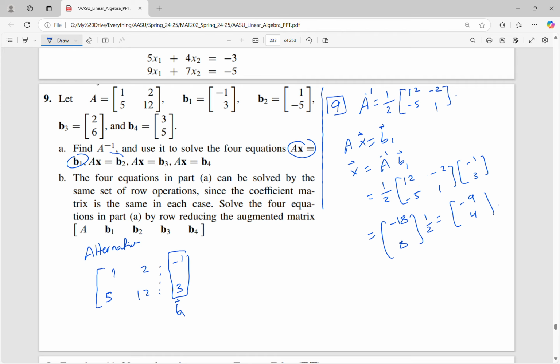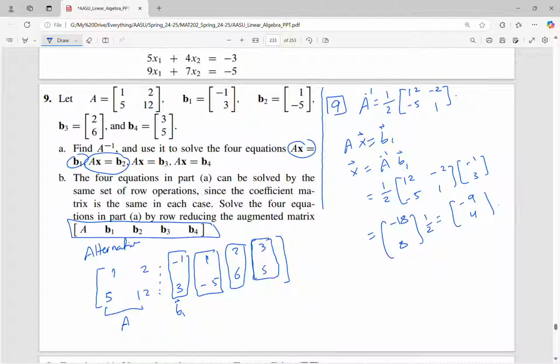If you want to solve the system AX equals B2, you write the augmented matrix: you write A, and beside it B2. So you can write B2 together like this. B3, you can write it 2, 6 like this. B4, 3, 5 like this. And this is a big augmented matrix.